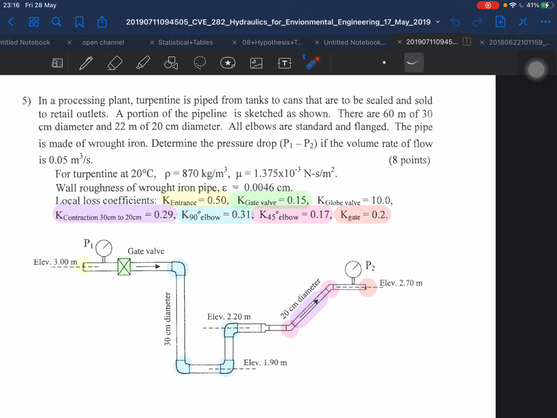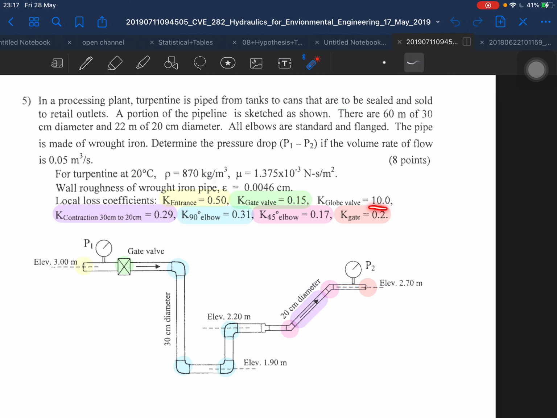We also have the K entrance. The coefficient of the entrance is around here. When the water is flowing this way, it loses something because of the coefficient of the inlet. Then we have the gate valve, which has another coefficient.